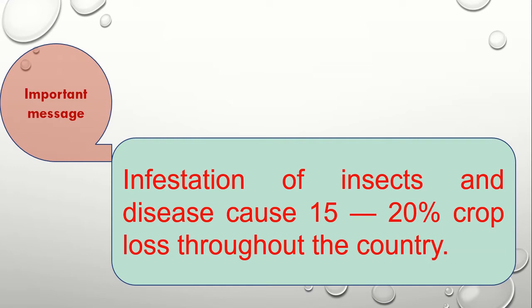That means insects and disease attack our country's sugarcane production, and we have got 15 to 20% loss throughout the country. So this is very important. That is why we have to look after or monitor properly the effect of insects and disease.